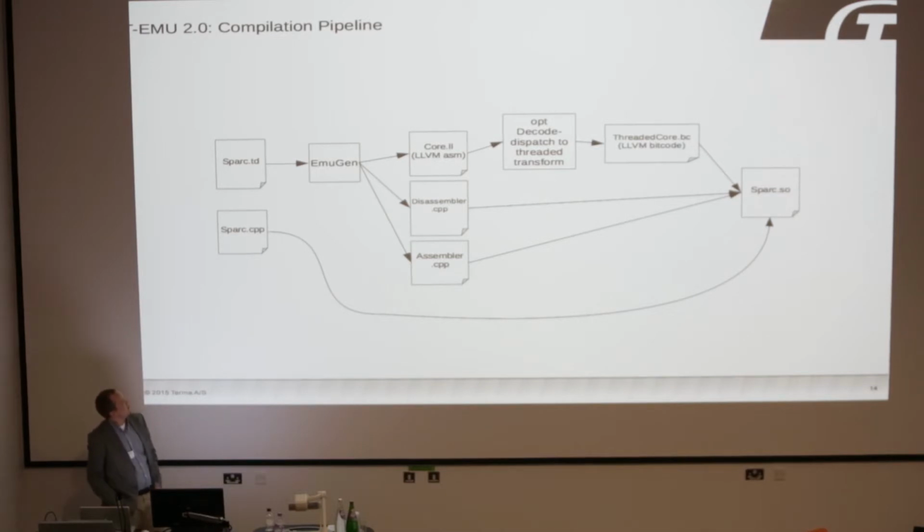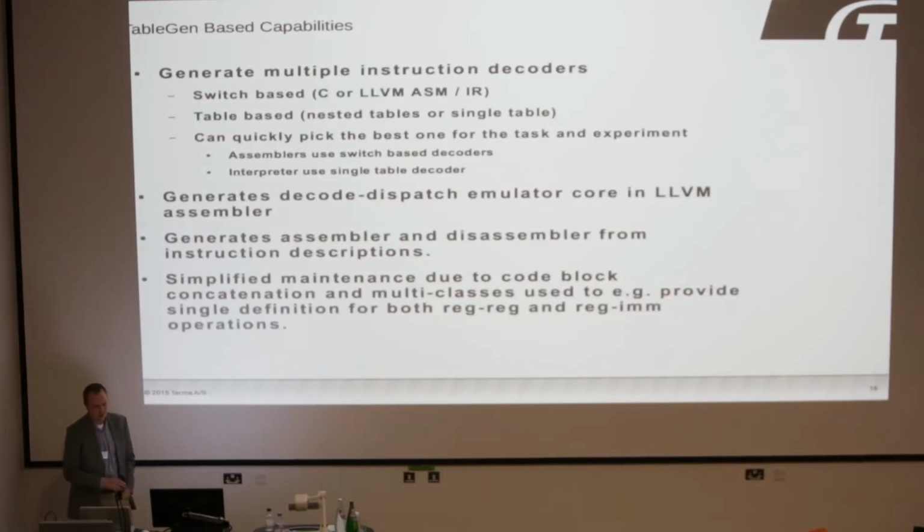Then we take this LLVM assembler file, we load it in opt, and we transform this using some custom magic, and we get our threaded core. And of course that's bitcode, because that's what opt operates on by default. And then we compile everything and link it together into a shared object. So conceptually not too strange, I hope.